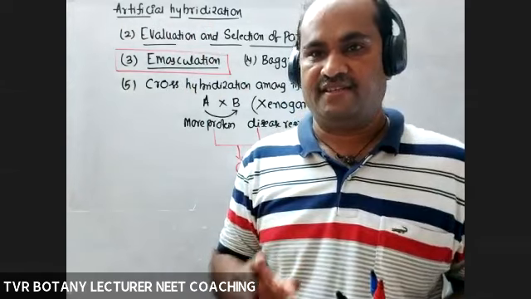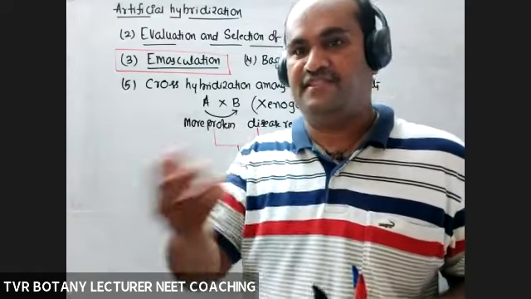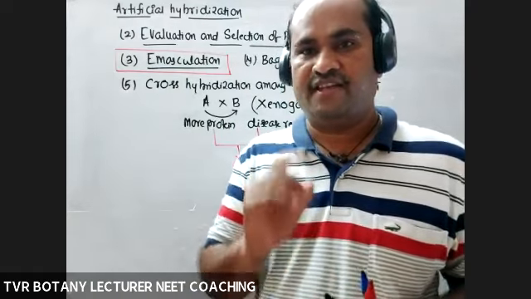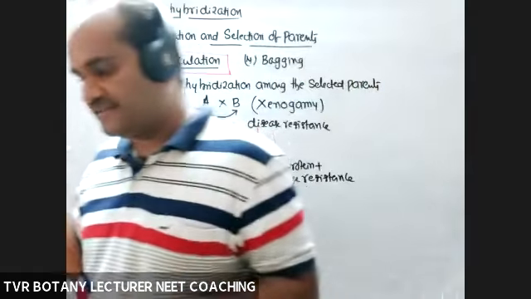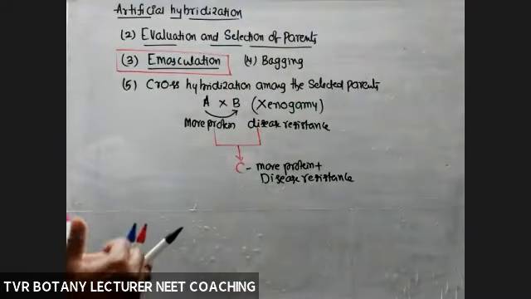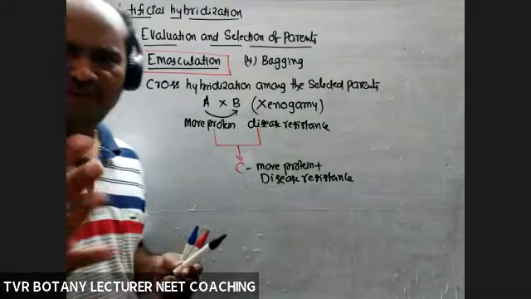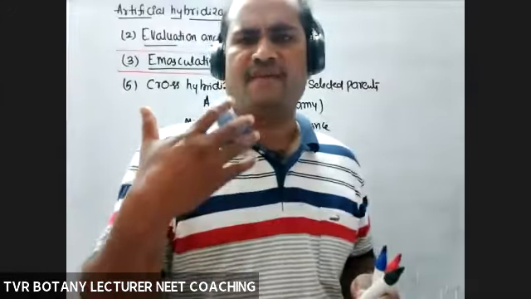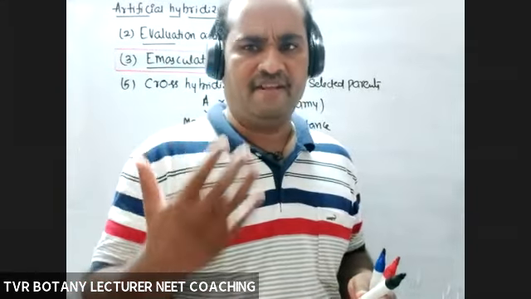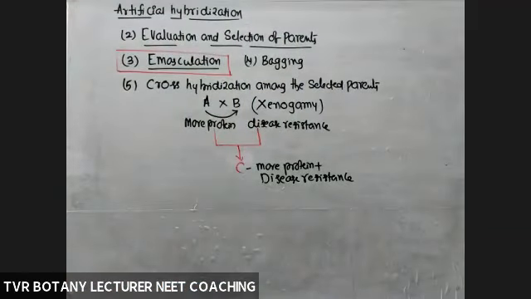During meiosis, segregation of genes. Okay, recombining of genes. So that's why whatever seed is produced as a hybrid seed, is it able to retain the so-called desirable characteristics for a number of generations? No. Every time the farmer has to purchase hybrid seeds from the market. Link this one with that one also. Okay. So that is about cross hybridization among the selected parents.